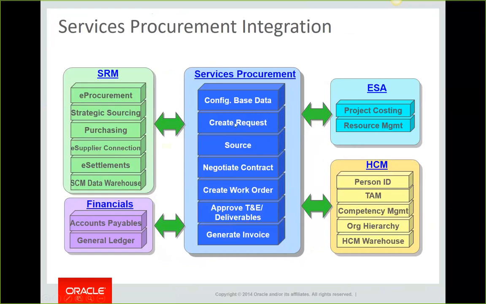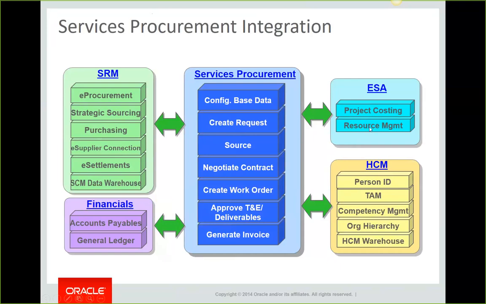Now, there's lots of integrations that go on from supplier relationship management. There's integrations with e-procurement, and they leverage some strategic sourcing. They share some components for analysis. There's purchasing. Also, there's our ESA, Enterprise Service Automation area. We've got integration with project costing to collect time, and then resource management.